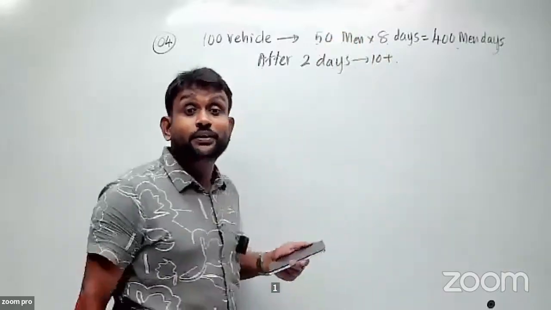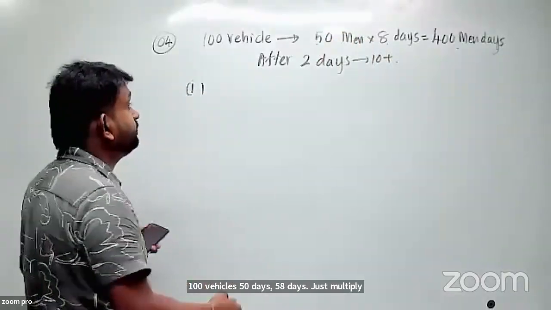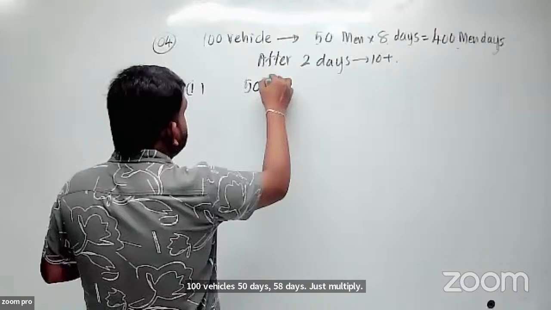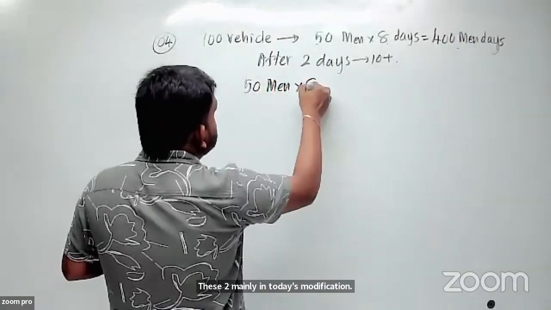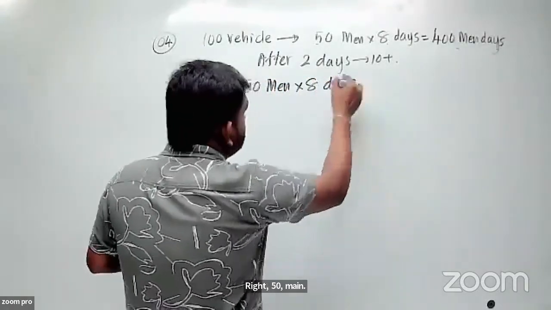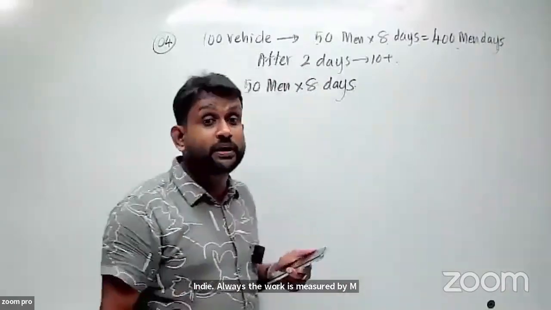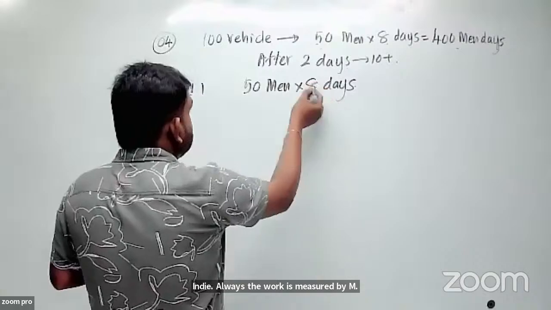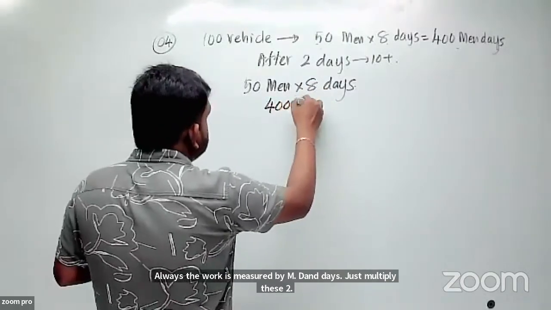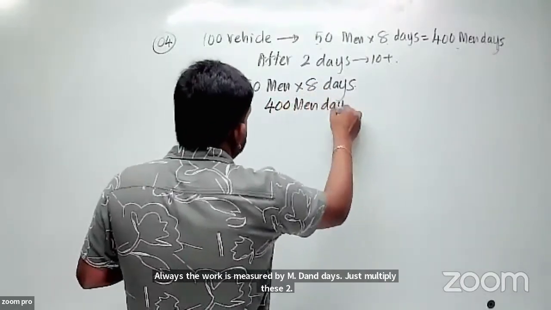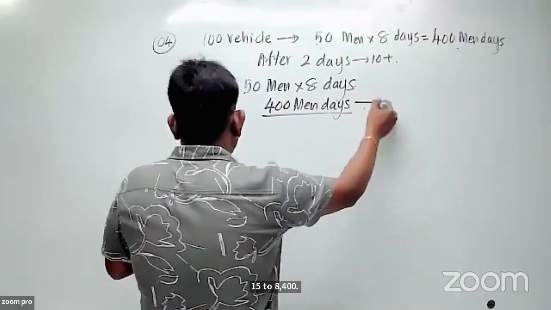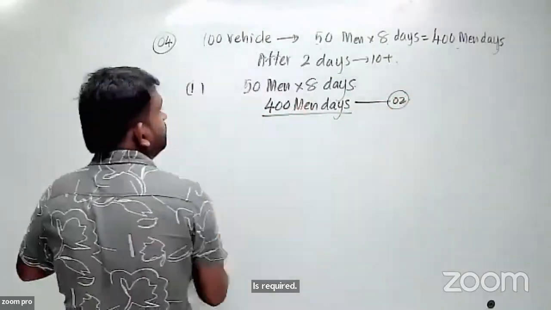Just multiply these two. Men into days multiplication, right? 50 men into 8 days. Always the work is measured by MD, man days. Just multiply these two: 400 man days is required. Okay, that is the first question, 2 marks.